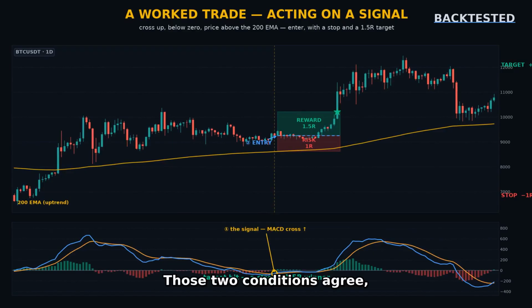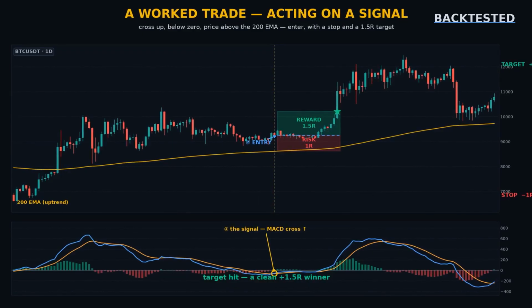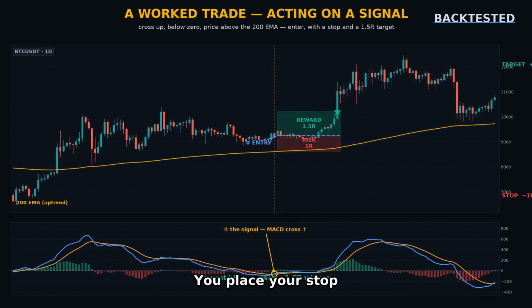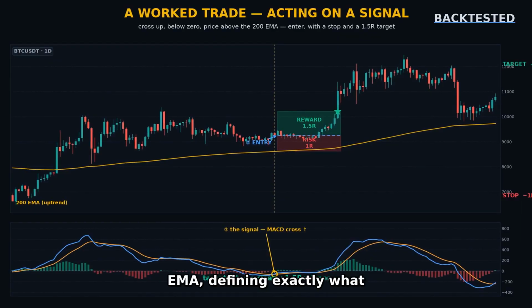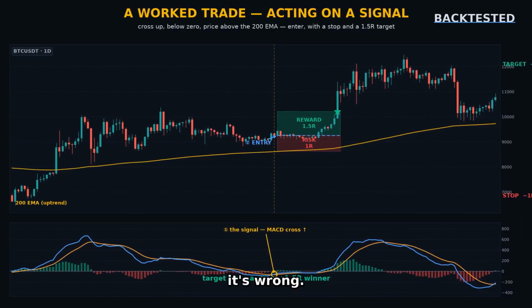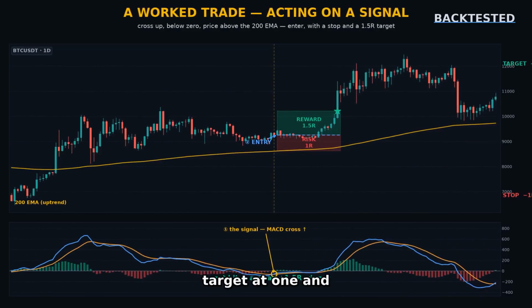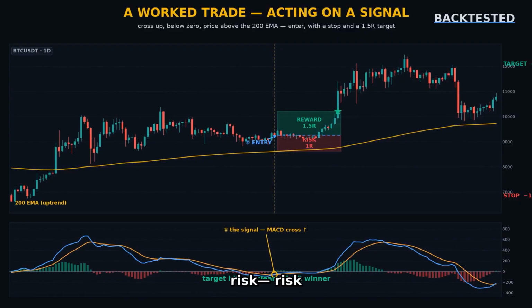Those two conditions agree, so this qualifies. You enter on the open of the next candle. You place your stop just below the 200 EMA, defining exactly what the idea costs if it's wrong. Then you set your target at 1.5 times that risk. Risk 1 unit to make 1.5.